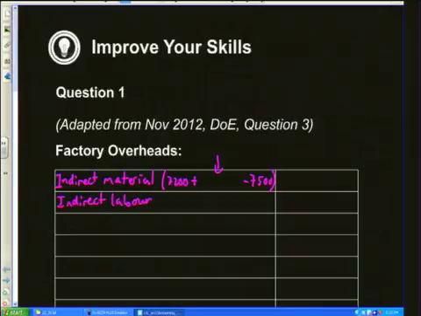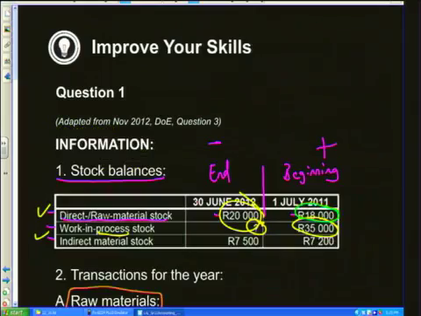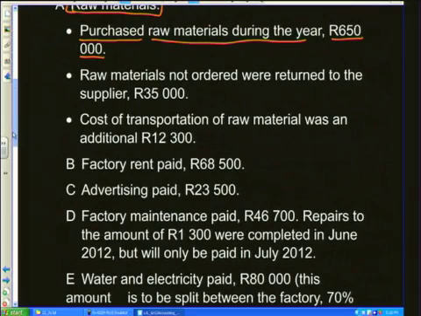So I will go to my note, which is the direct material cost, and I will add 650,000 Rand, because those were my purchases of raw materials for the year. If I then go back, I will see the second point. It says that there were some raw materials not ordered, and they were returned to the supplier for 35,000 Rand.